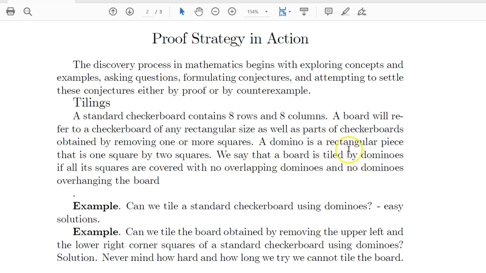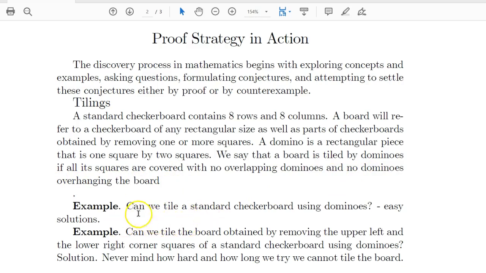A domino is a rectangular piece that is 1 square by 2 squares. We say that a board is tiled by dominoes if all its squares are covered with no overlapping dominoes and no dominoes overhanging the board.